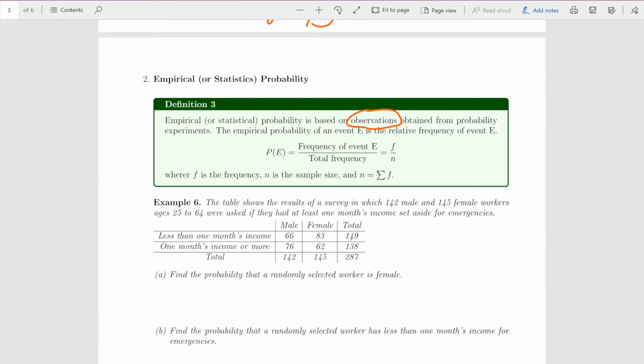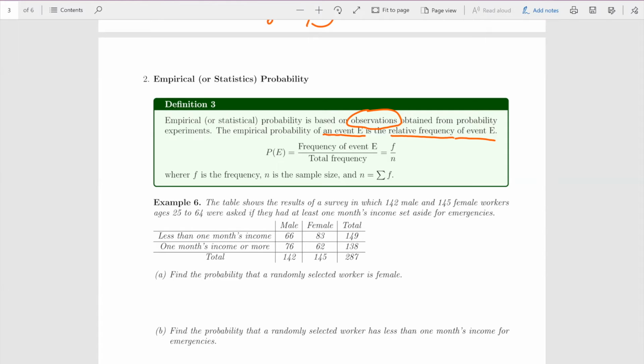When you do that, you're using an empirical probability experiment. The empirical probability of the event E is just the relative frequency of the event E.